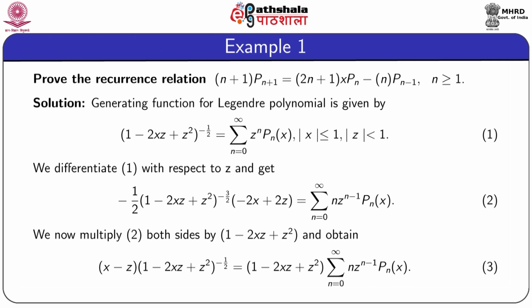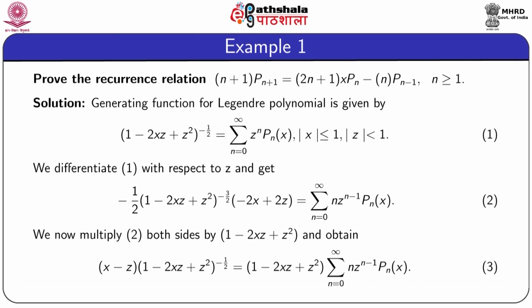To start the solution, we look into the generating function for Legendre's polynomial given by (1 minus 2xz plus z squared) to the power minus half is equal to summation n equal to 0 to infinity z to the power n P_n(x), where mod x is less or equal to 1 and mod z is less than 1.